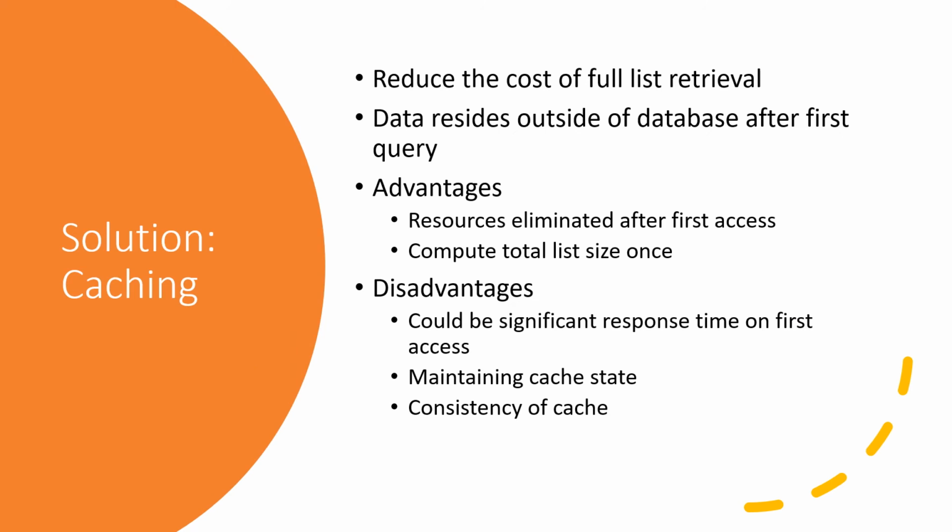One solution to the Sisyphus database retrieval performance anti-pattern is caching. Caching reduces the cost of full list retrieval on a per request basis by caching that first request, or at least the response to the first request, and using this cache as a source of data rather than querying the database every time a request is received.